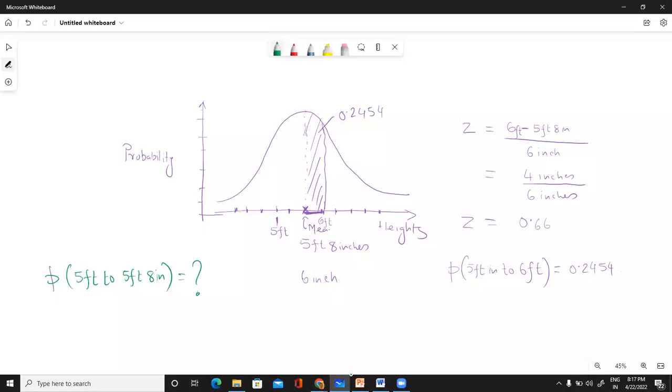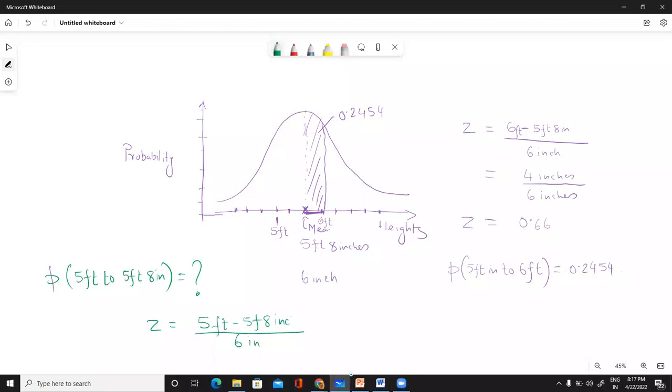We have to calculate the Z value first. Z value of 5 feet. So the Z value of 5 feet will be 5 feet minus 5 feet 8 inches, divided by the standard deviation, that is 6 inches.